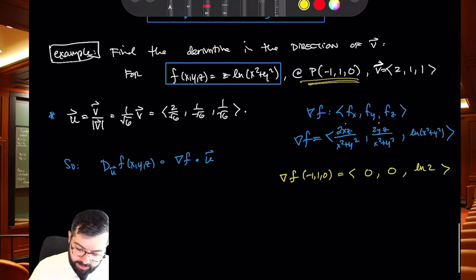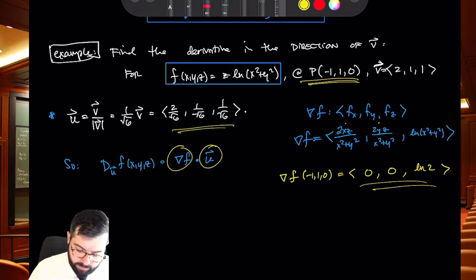So that's not too bad. Now we're talking about the dot product of the gradient of f at this point, which is this guy, with u, which is this guy, which is pretty easy to compute.